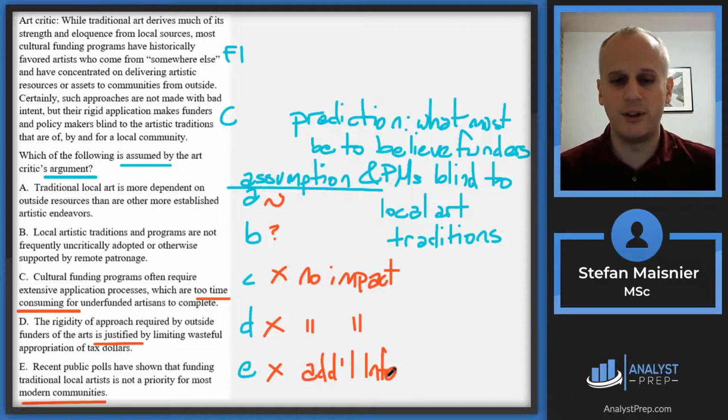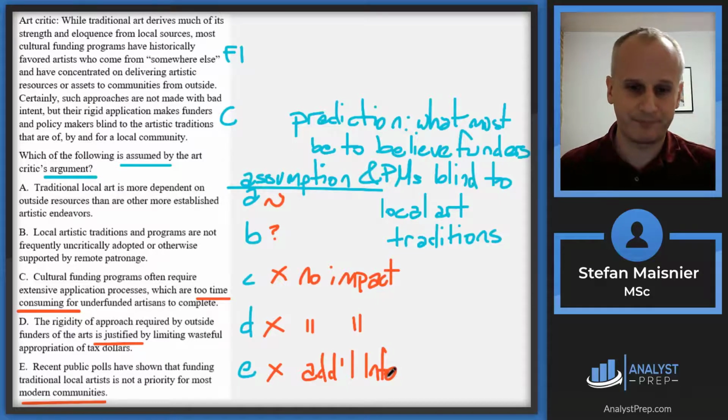So then we look back at choice A and choice B and we apply the negation test. So starting with choice A, we just come in and say traditional local art is not more dependent on outside resources than are other more established artistic endeavors. And you go, okay, traditional local art, it's not more dependent on these funders.